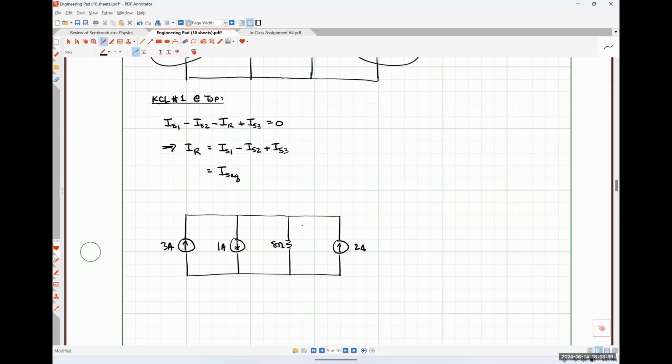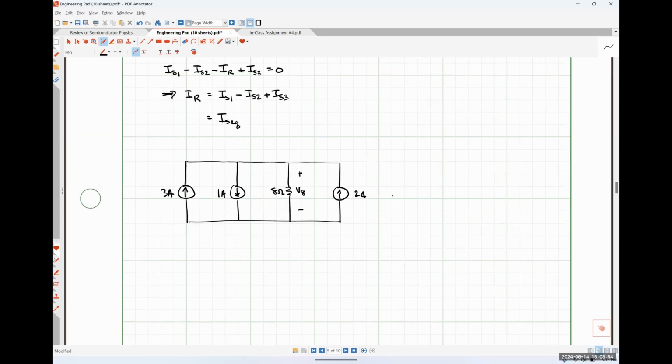And I want to figure out what the voltage drop across my 8 ohm resistor is. I could apply KCL like we've been doing and wind up actually applying KCL and Ohm's law, or I could combine these current sources into a single equivalent current source, which would be connected in parallel to my 8 ohm resistor, like so.